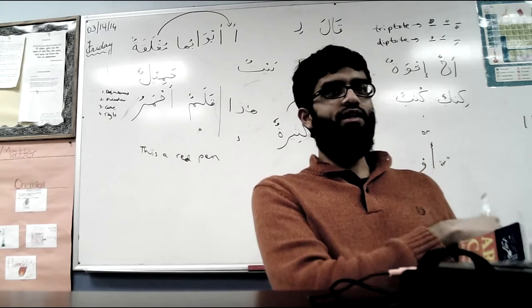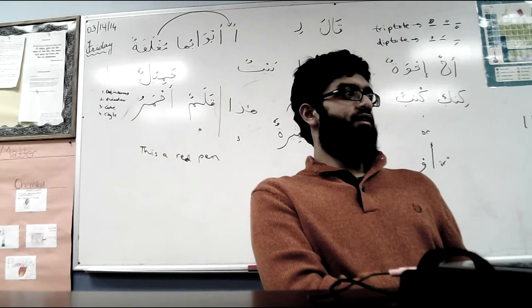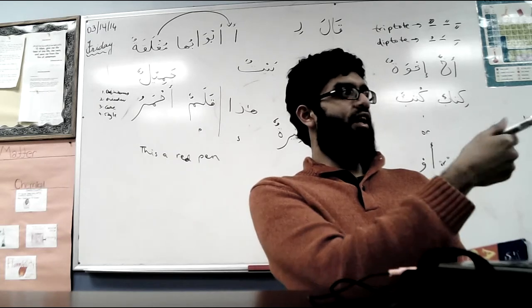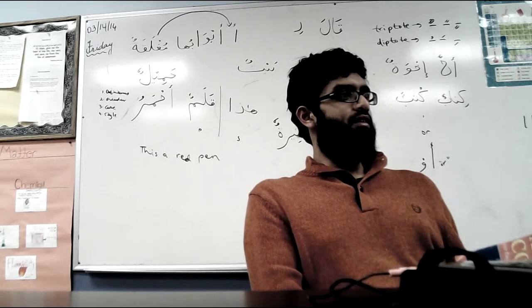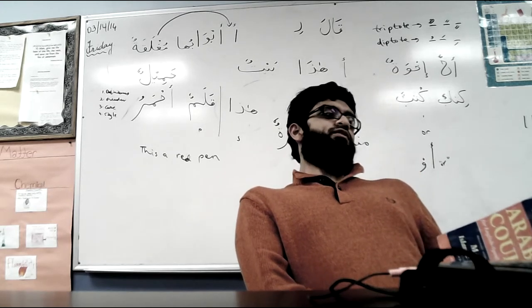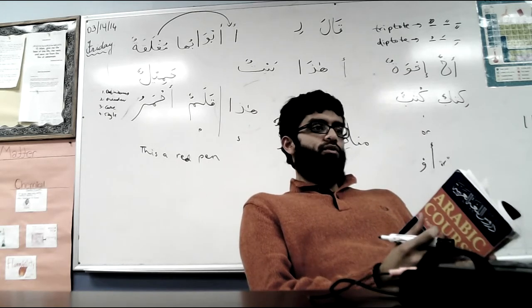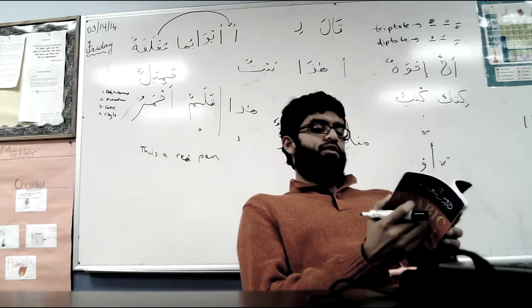Okay, is Ismail mamnu' min as-sarf? Yes. Why? It's not an Arab name, right? So Ibrahimu, Ismail, it's a non-Arab name, so it's mamnu' min as-sarf. What about Yusufu? That's not Arabic too, so it's mamnu' min as-sarf.